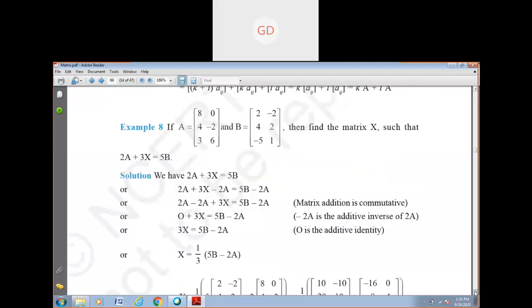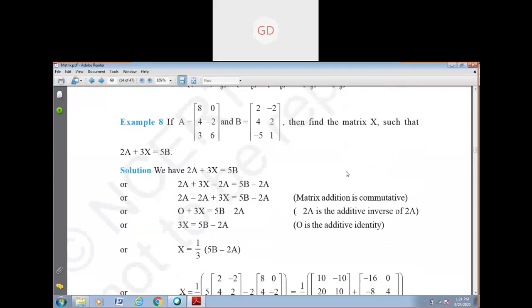You see here, A is one matrix, B is another matrix. In A, 3 rows are there and 2 columns, so it is a 3 by 2 matrix. B is another 3 by 2 matrix. So two matrices are here.